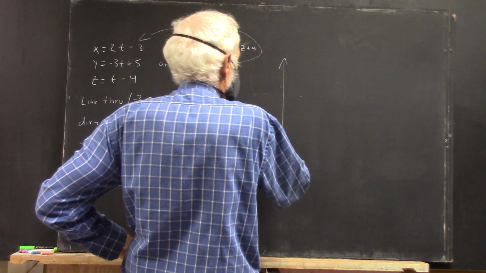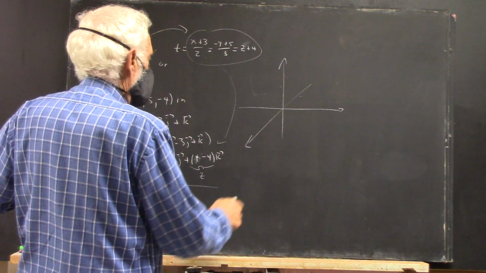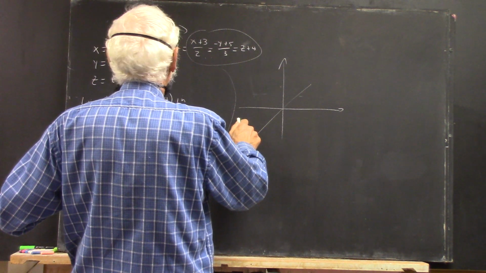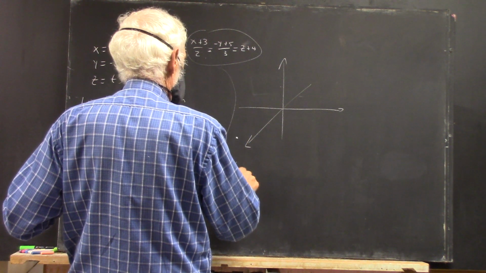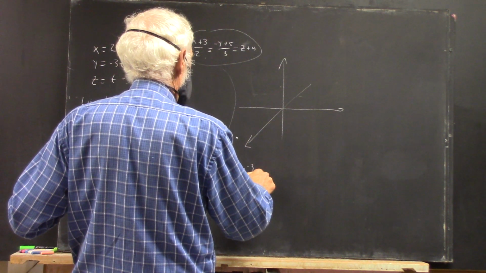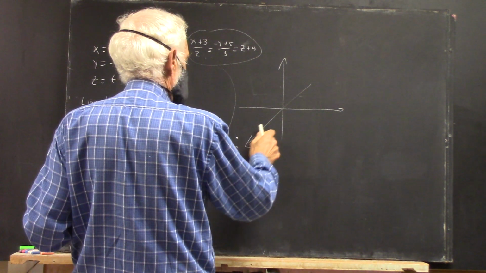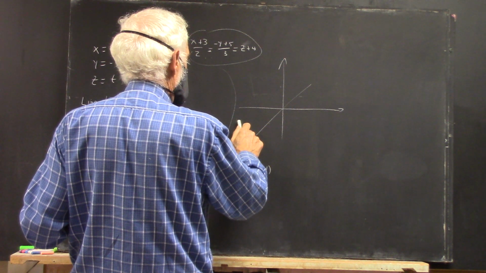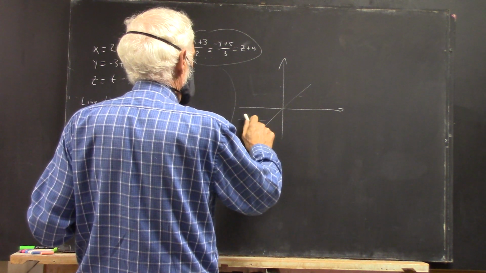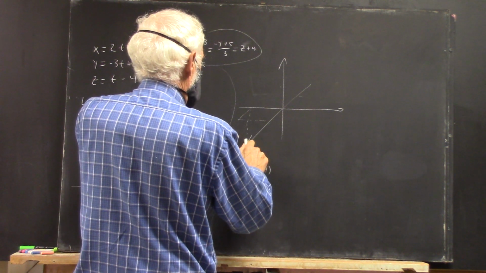So we can sketch this. You have the point 2, -3, -4 here, and we can sketch that. Maybe I ought to put it about here.